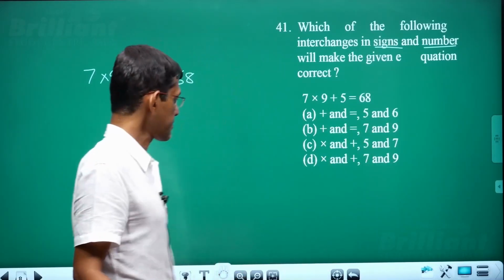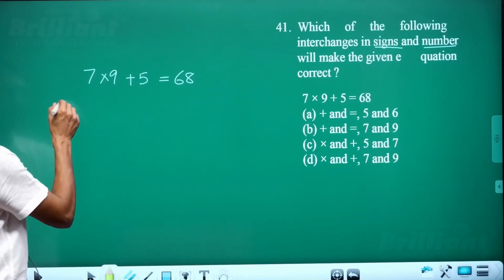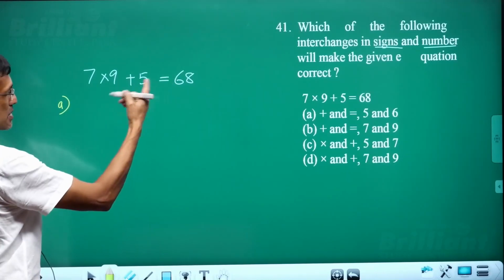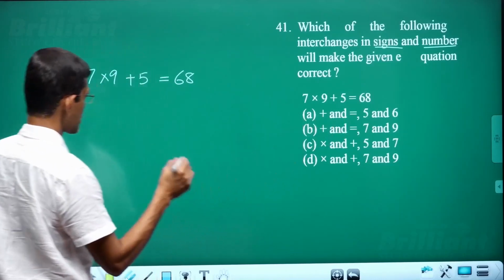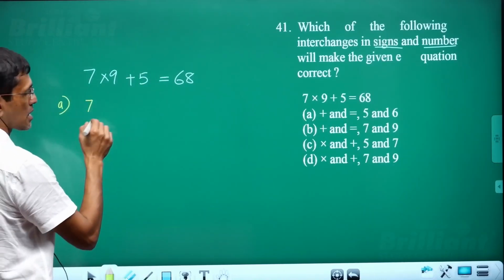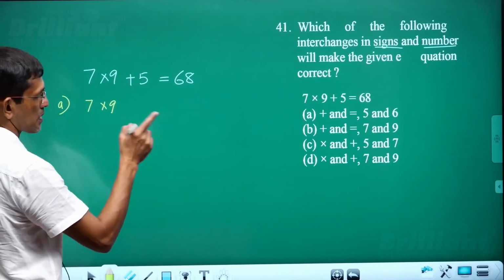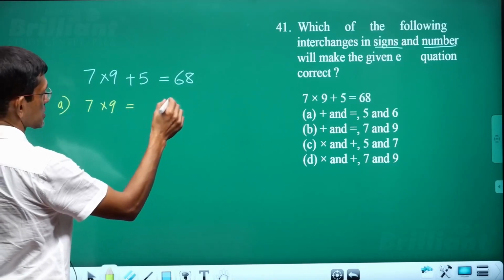So let's do it. First, answer choice A. 5 and 6, right? So this 5 and this 6 must be interchanged. And plus and equal to. So 7 into 9 stays as it is. Then equal to comes over here, plus goes here.